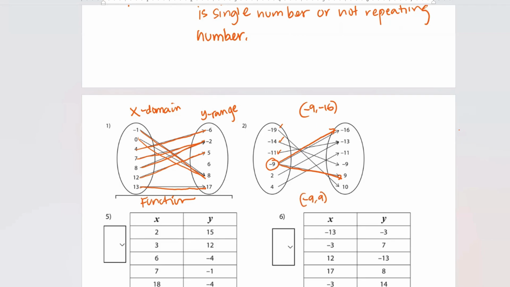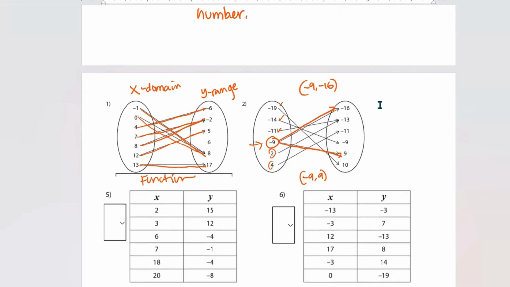So this number tells me that it's a repeated number. Because negative 9 is repeated, this is non-function. Again, number 2 is non-function.